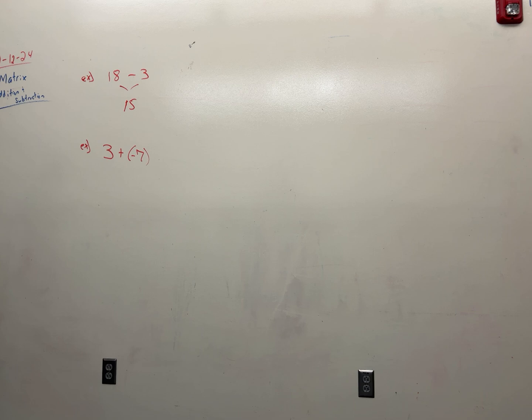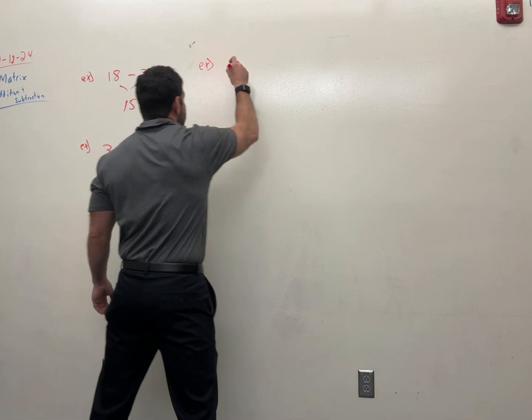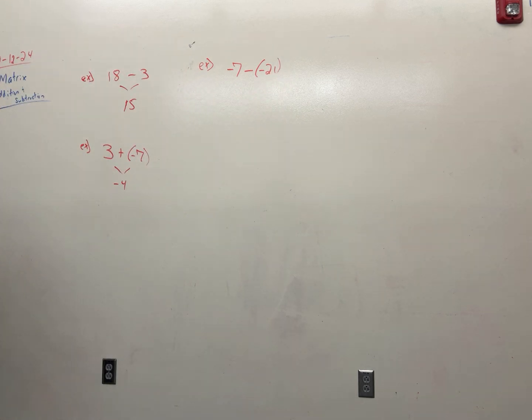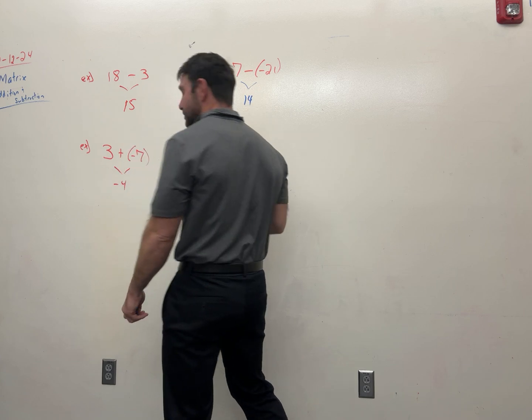Negative 4. 3 plus a negative 7 is negative 4. Okay. Negative 7 minus a negative 21. We're doing math, y'all. What do we come up with? 14. Because a negative and a negative is positive, so that's 14.